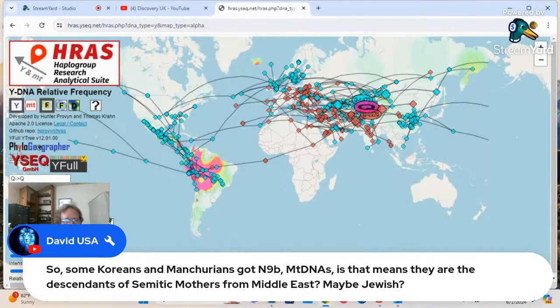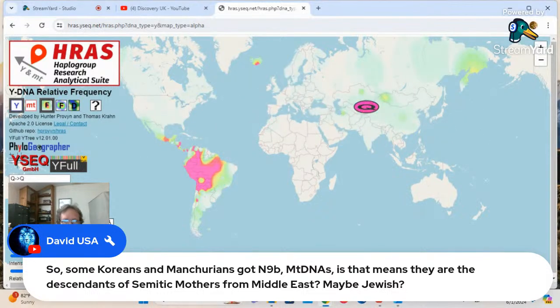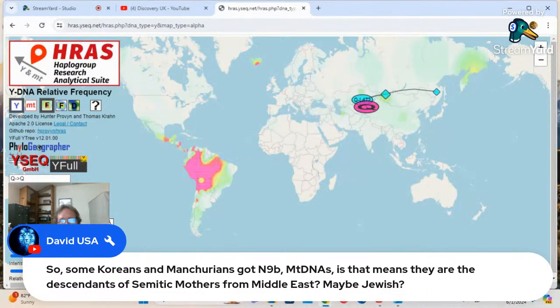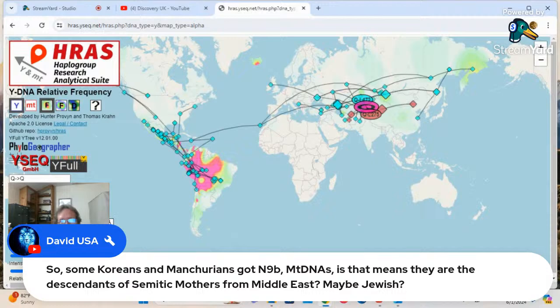But you can clearly see from this how, as soon as the Medes arrived in Lydia, you have an Atlantic crossing to Central America off the coast of Africa, and it spreads out from Central America.